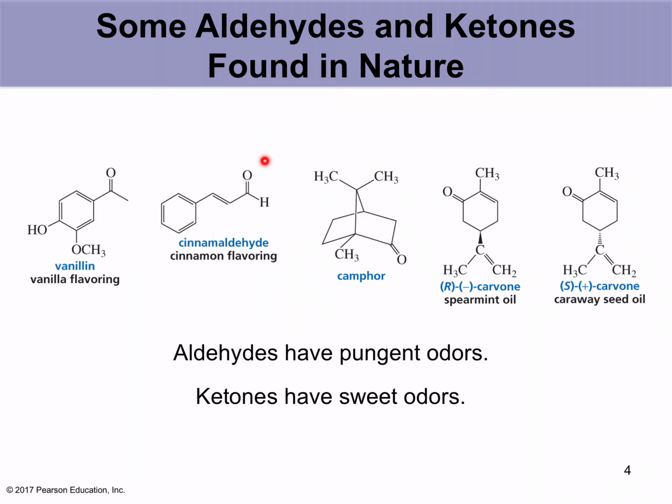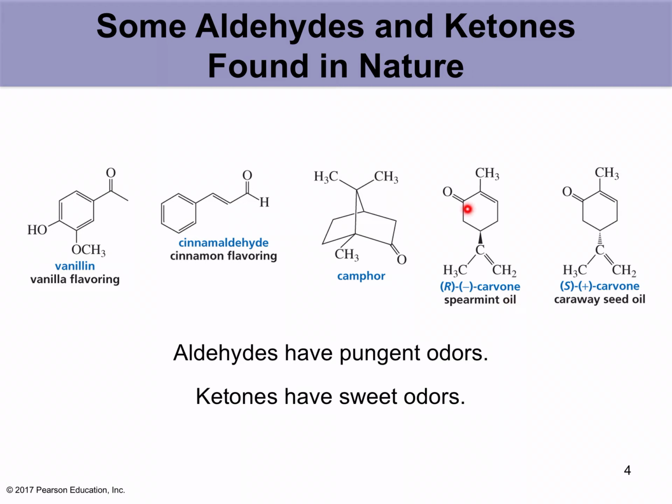What do we have in cinnamaldehyde? Aldehyde or ketone? You have hydrogen on one side of the carbonyl, and on the other side the alkyl group. So it's an aldehyde. Even the name says it's cinnamaldehyde. And then camphor. In camphor, we have a ketone. And then we have spearmint oil. We find this in spearmint.